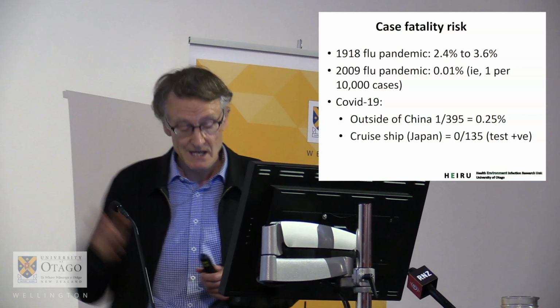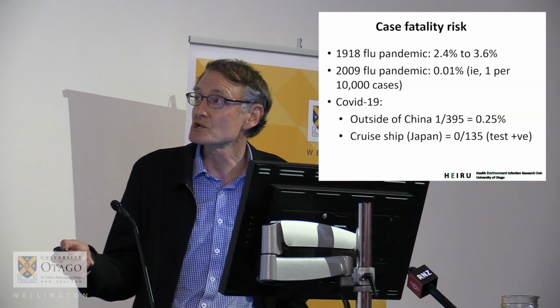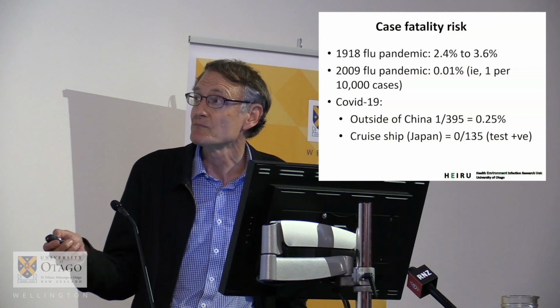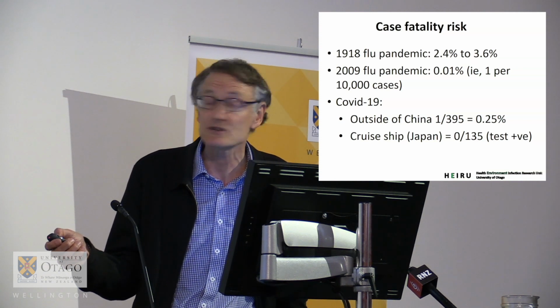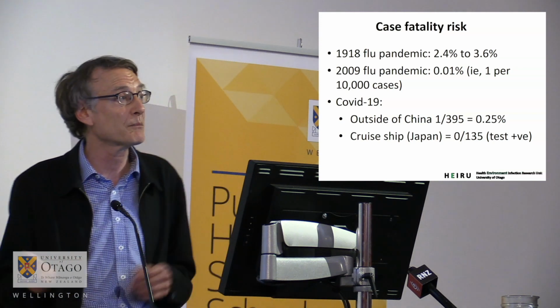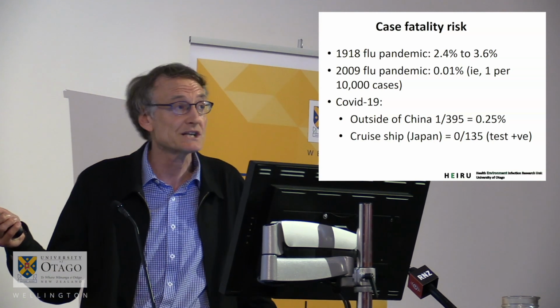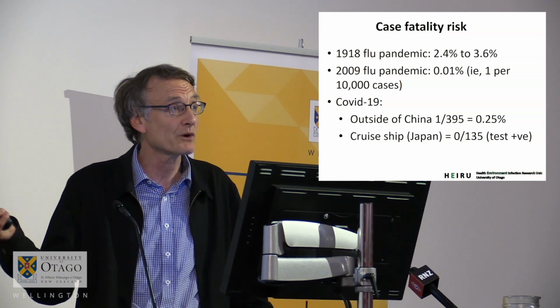So there's a lot of information problems with that. But when you just look at the cases outside China, that's really only 1 death out of 395 cases looking at the WHO report this morning. So only 0.25%. So that is somewhat reassuring.